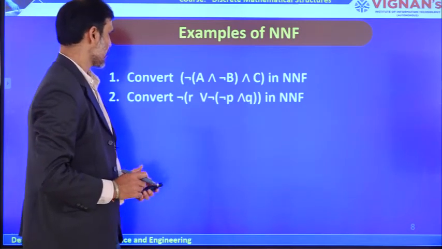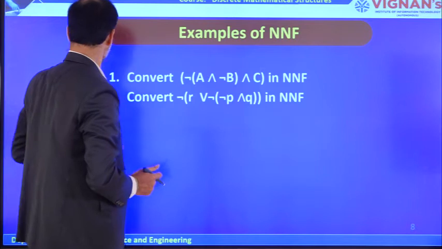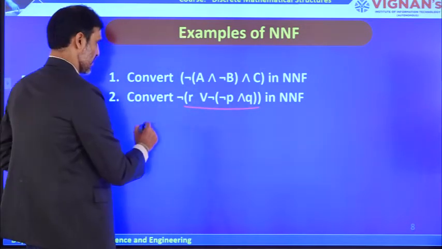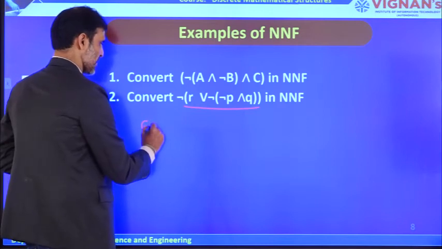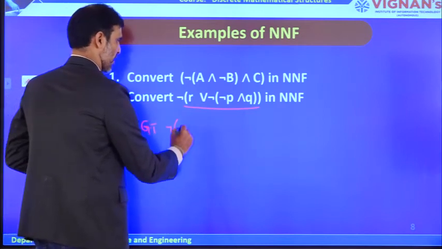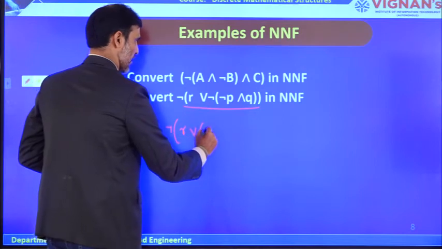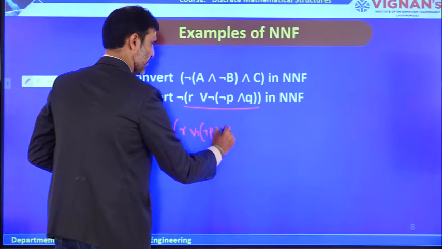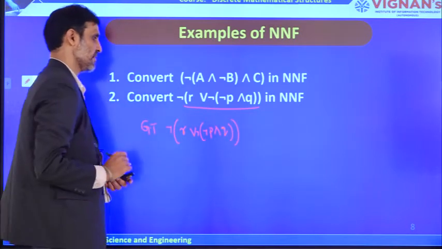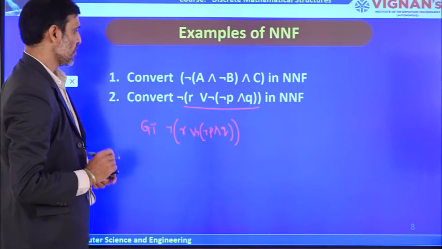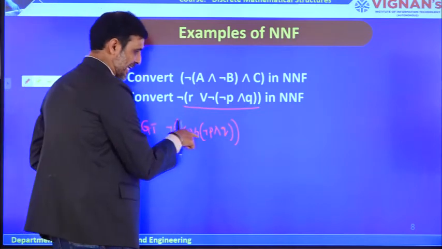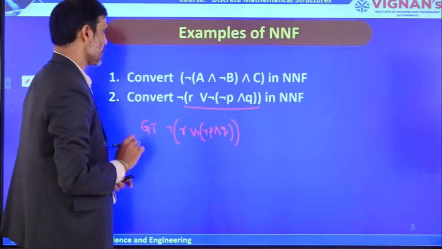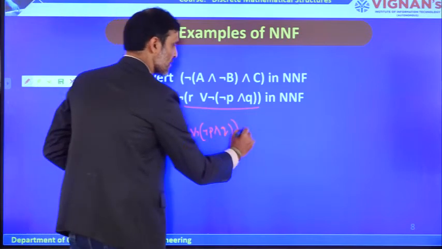Now the second example which I have taken here: negation of this entire compound proposition. So let us try to do this. Given negation of R or negation of P and Q. Because negation appears in front of the compound proposition here, we need to push it inside the formula.